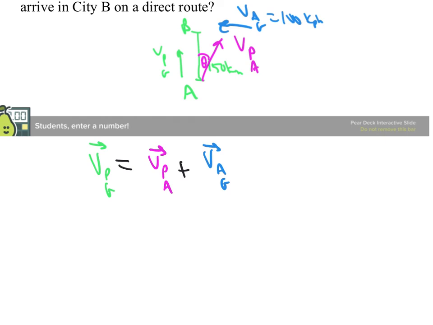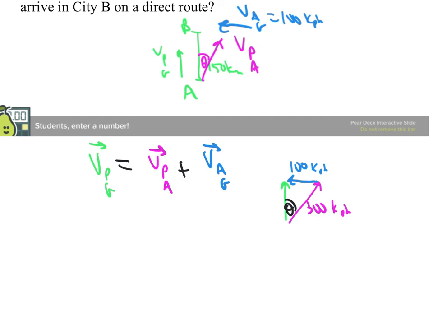So that if I take this thing and add this thing, I should get a due north thing. Why due north? Because we want to take the direct route, the due north route. And we were told we're looking for this angle. We were told that this was 100 kph, and we were told that this is 300 kph.